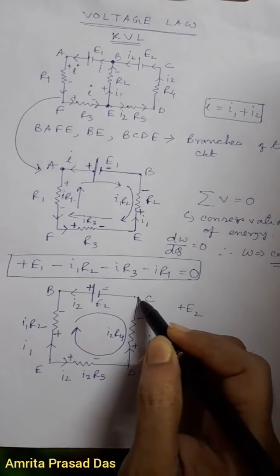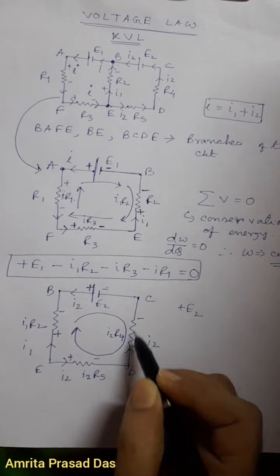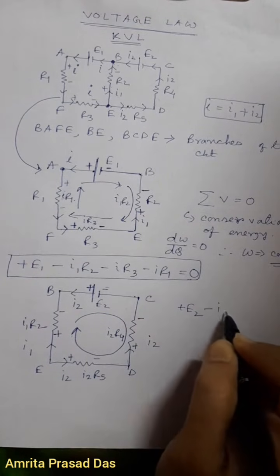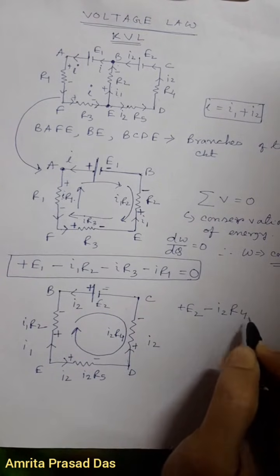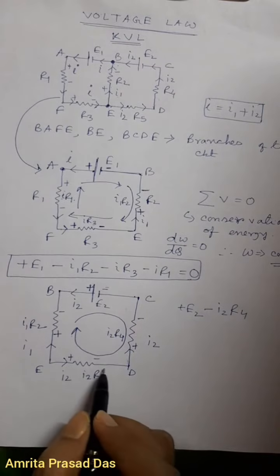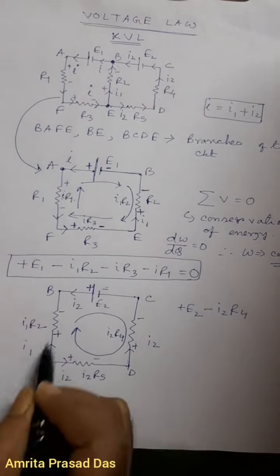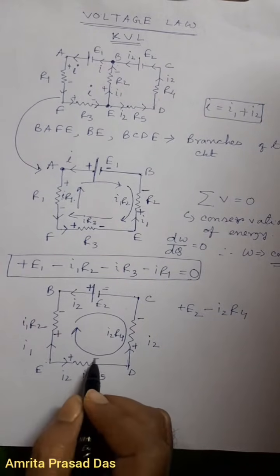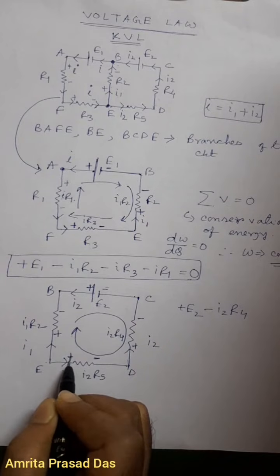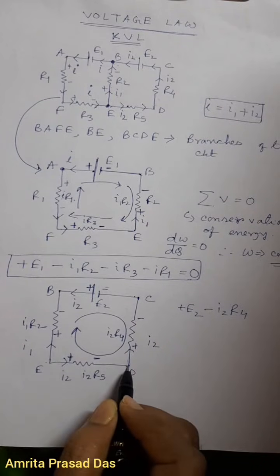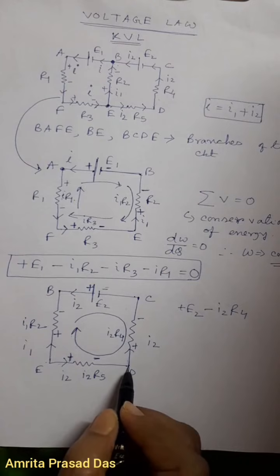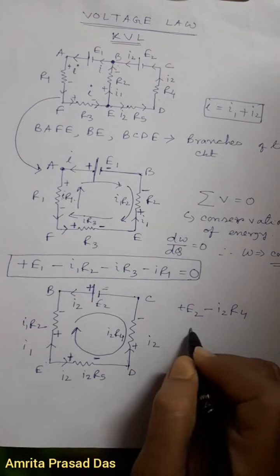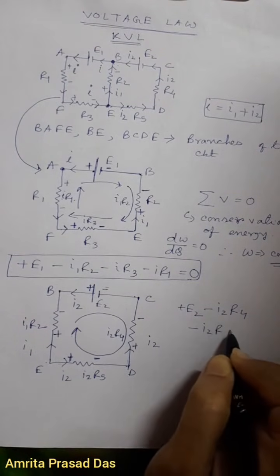Now you are moving from C to D, that is from low potential to high potential point, minus I2 R4. Then you are moving from D to E. According to your diagram, this is the low potential end, this is the high potential end, as current is flowing in the opposite direction. Therefore VD minus VE is equal to minus I2 R5.